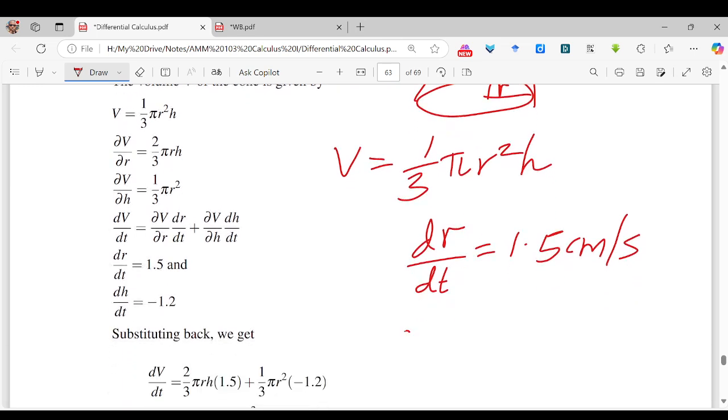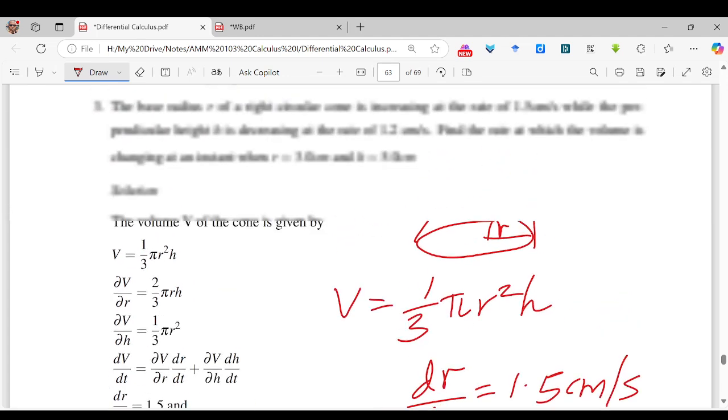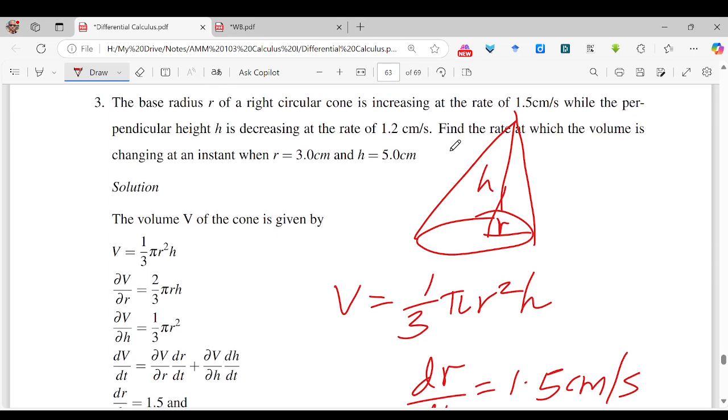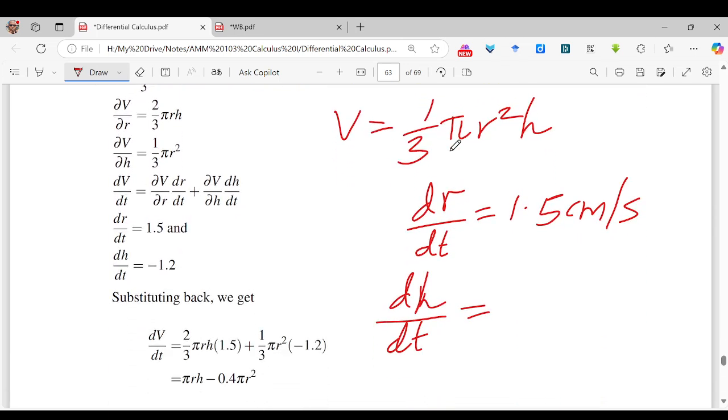Two, the rate at which the perpendicular height is changing per unit time. If we go back there, we see that the height is decreasing. So this is a negative rate of change of 1.2, so we have minus 1.2 centimeters per second. So dr/dt and dh/dt are as given there.